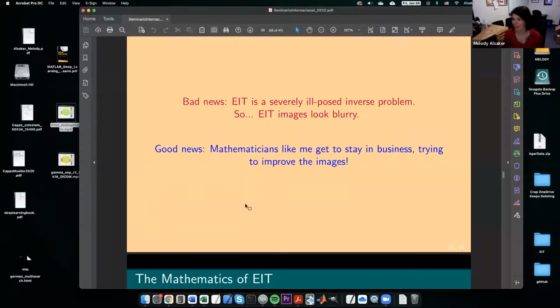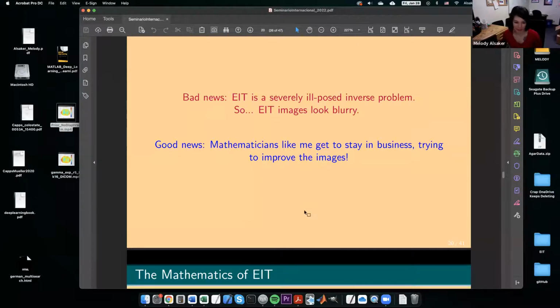There are lots of people like me all over the world who are actively working on trying to make EIT images look better. I've made a career out of it, and a lot of other people have as well. Maybe one day we'll get something that's really good, but we're still working on it, trying to make these images look better.